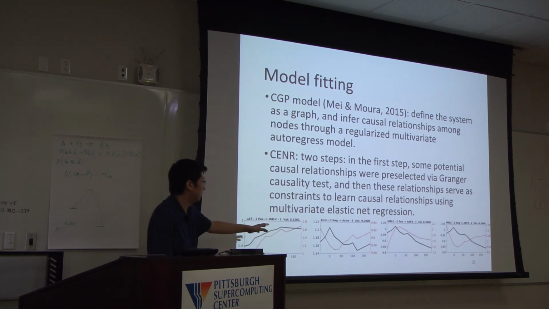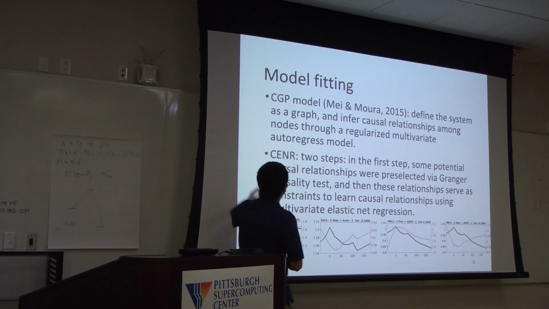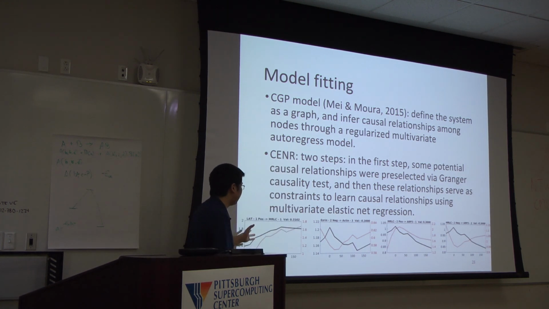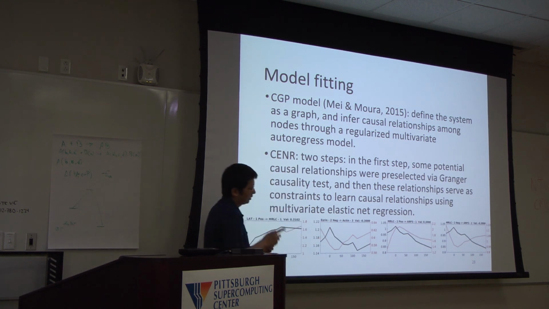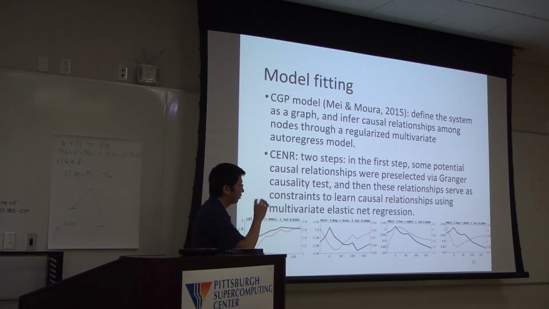So here's an example of using this method. These are the time series. Here protein dash number means the region number. Region 1 means the synapse region. Region 2 is the nucleus, and region 3 is the cytosol.